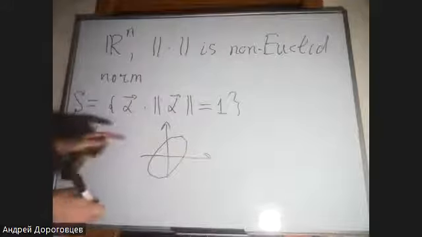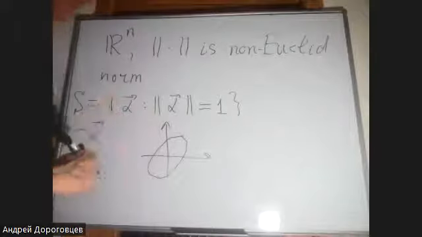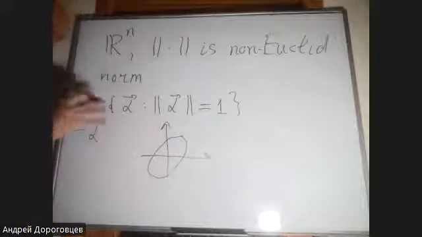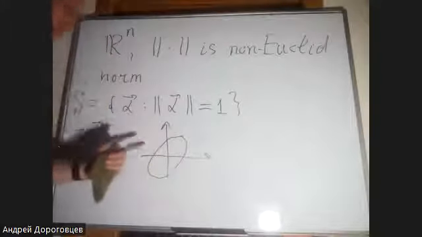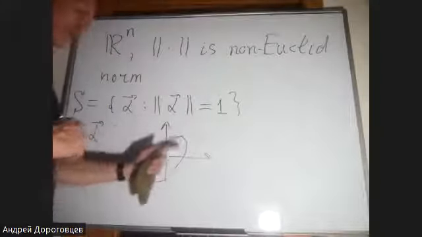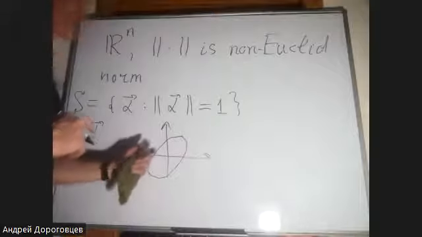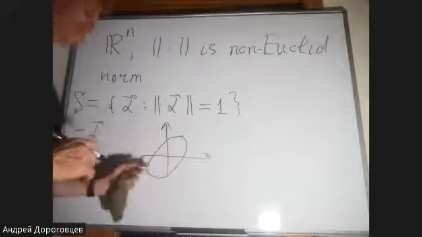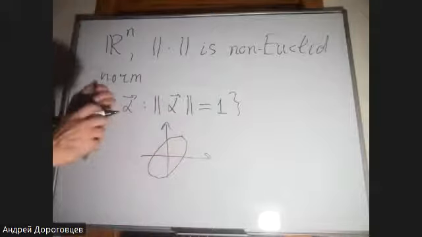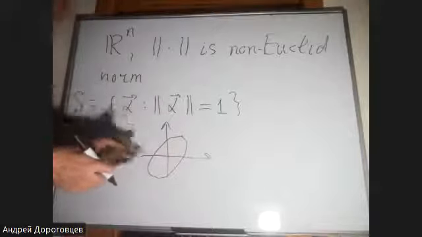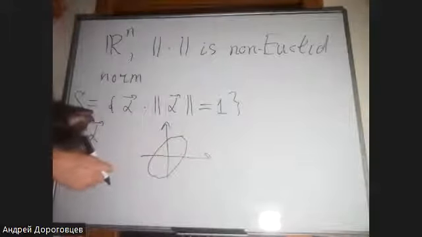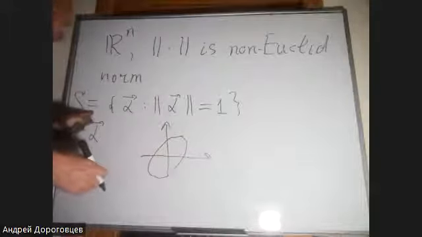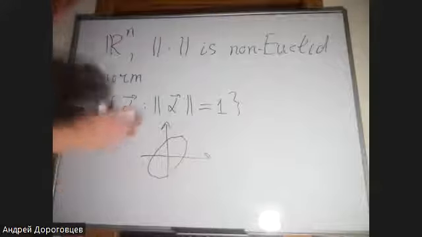Yes, it is evident because the norm of alpha is equal to the norm of minus alpha. That's all. And it occurs that if we have such a convex symmetric body which is compact in our space Rn, then its boundary can be a unit sphere for some norm.